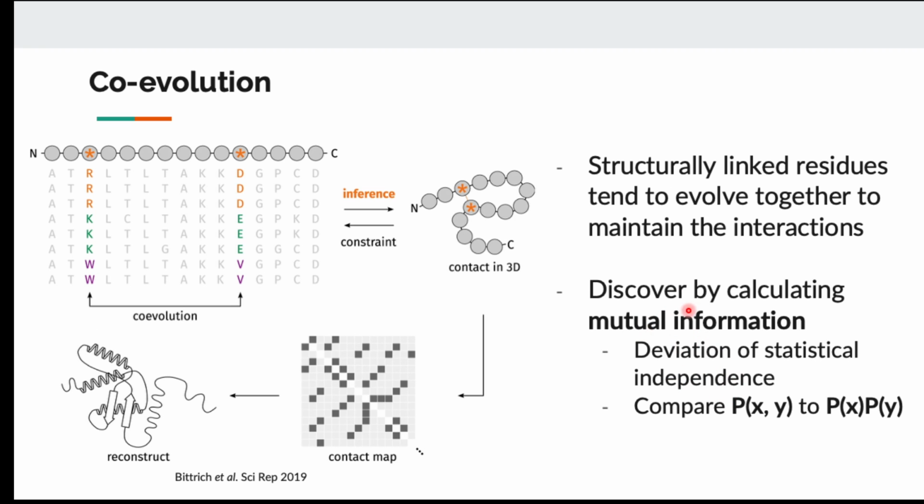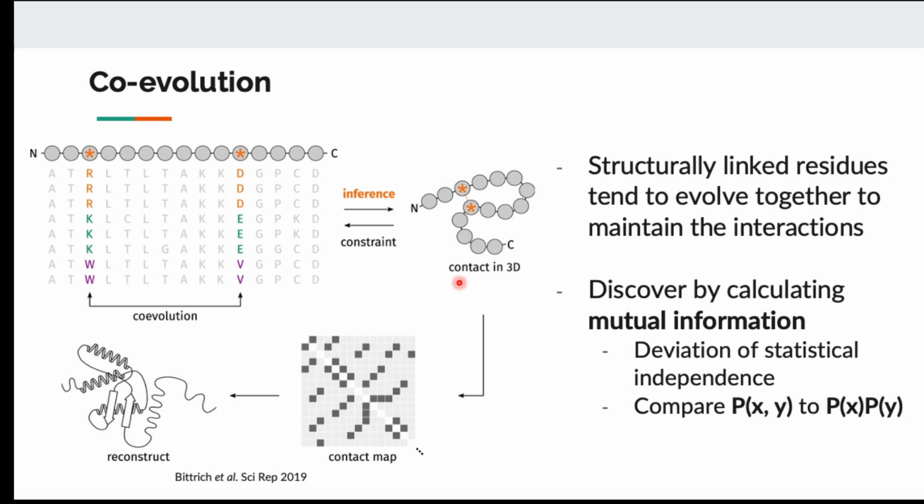One of the ways to do that is called mutual information. Basically, you're comparing the joint probability of two amino acids to the product of their probabilities. If they are independent, these two should be equal. But if they co-evolve, these two will not be the same.